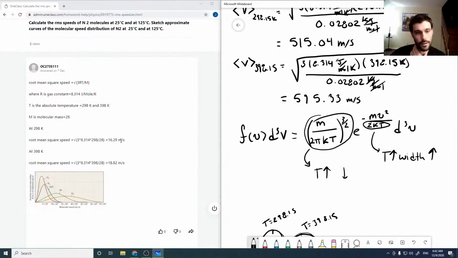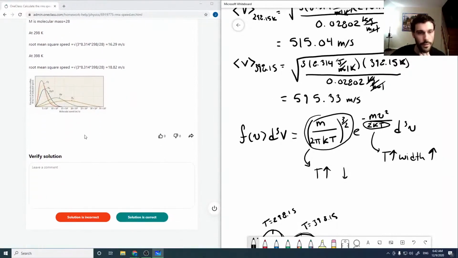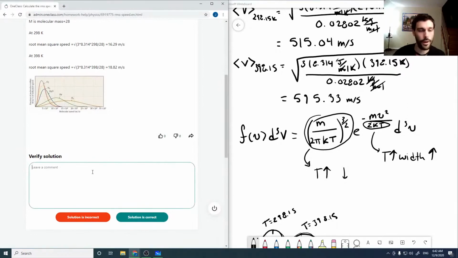So your units in the end are not meters per second here. And then they've pasted up some picture of the distributions, which is what the distributions would look like, but there's a unit error in the calculation, so these are not correct.